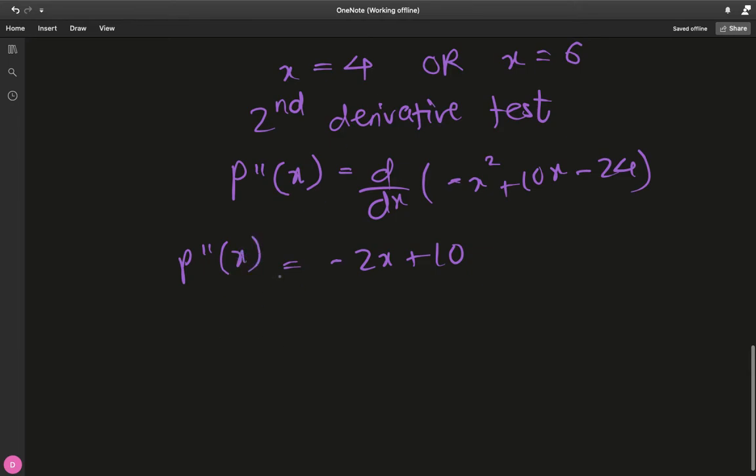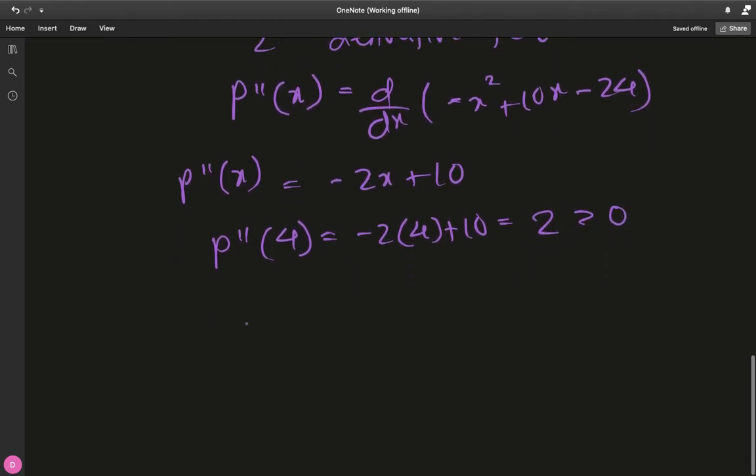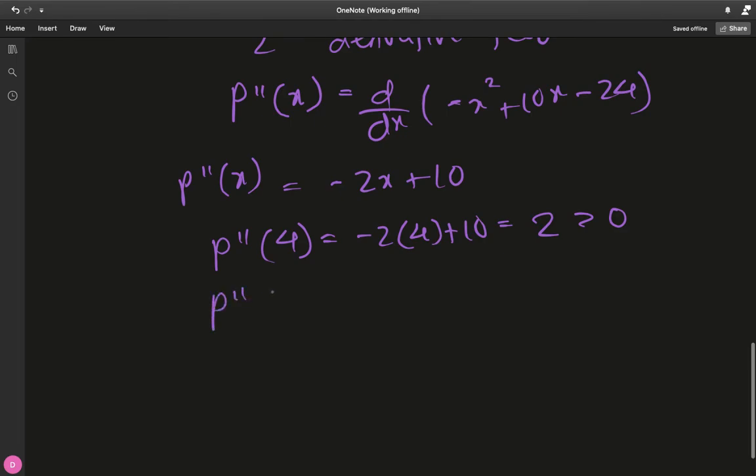And now let's plug in each of the points. So first p double prime of 4. When I do that, I have negative 2 times 4 plus 10, which turns out to be 2, which is greater than 0. And p double prime of 6, if we plug that in, negative 2 times 6 plus 10 is negative 2, which is less than 0.